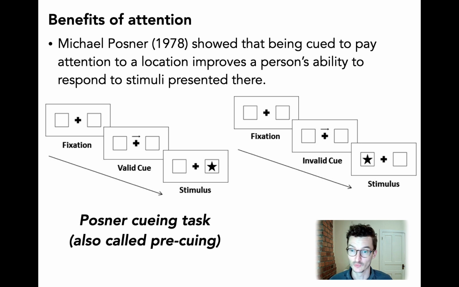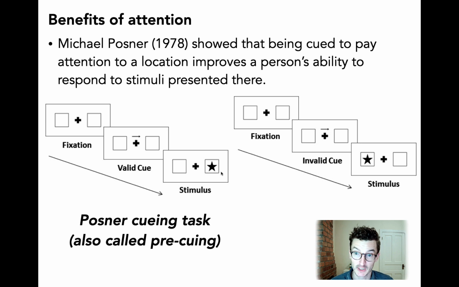So a star to the right or left of the fixation cross. And on some trials, you're actually cued to attend to the location in space where the stimulus will appear. Right? So you're fixating on a cross, and you get a cue, a little arrow, that tells you to covertly shift your attention to the right. And then sure enough, a star appears in that location, and you respond. You press a button and say, I see the star.